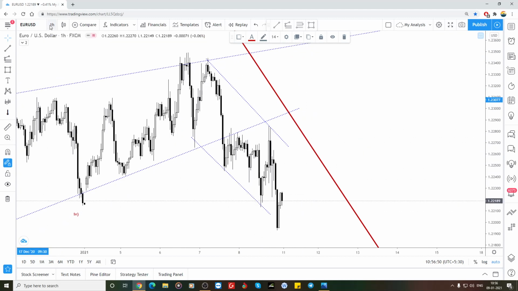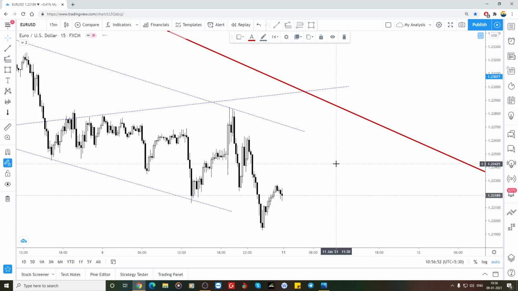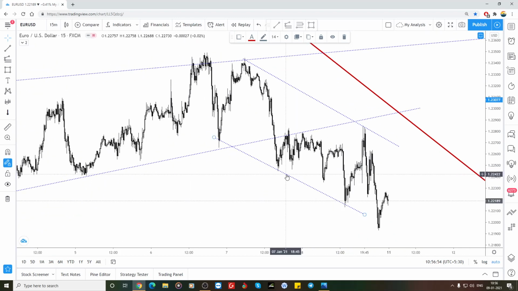So I will show you in the 15 minutes. This is a 5-wave structure. After that is a 3-wave structure, and this is the one aggressive movement to the downside. So this is a triangle clearly seen, and after that it's a breakdown.